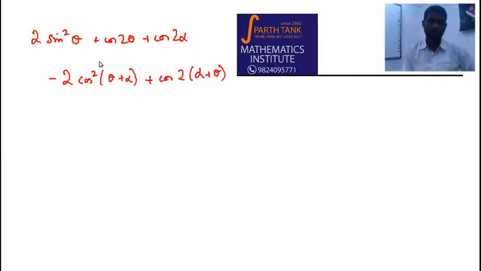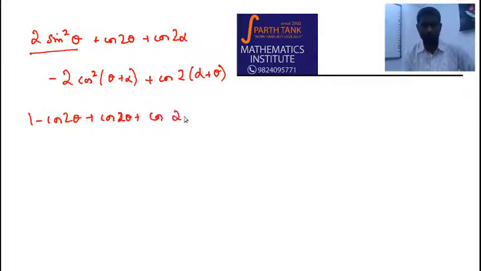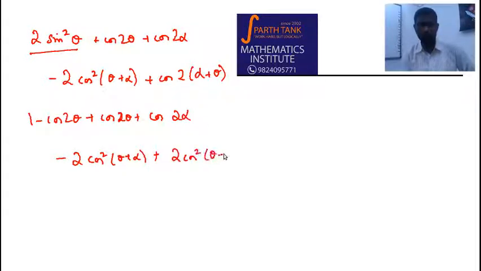Okay, now let's see how we can simplify all this. Now 2 sine squared theta is 1 minus cos 2 theta, right? The same way here, minus 2 cos squared (theta plus alpha). Here you have cos 2 (alpha plus theta), no? That is 2 cos squared (theta plus alpha) minus 1.